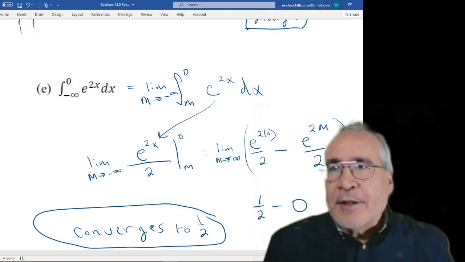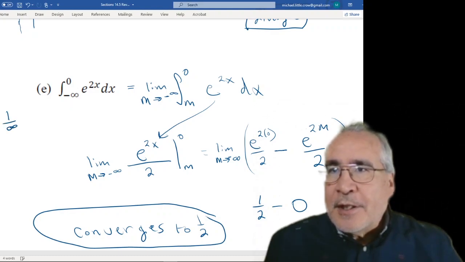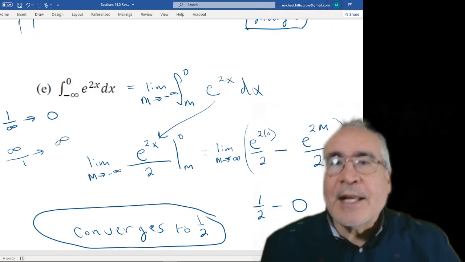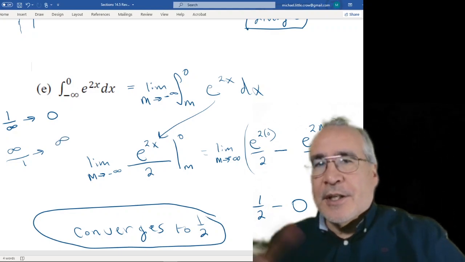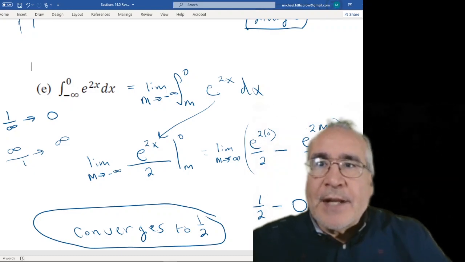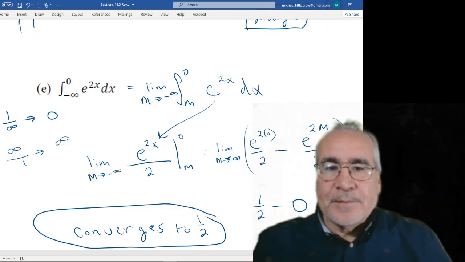So the rules are basically, 1 over infinity goes to 0, but infinity over 1 goes to infinity. That diverges. That's what we call diverging: going to infinity. Converging is going to a particular value. And again, a lot of times it's 0 that it goes to.